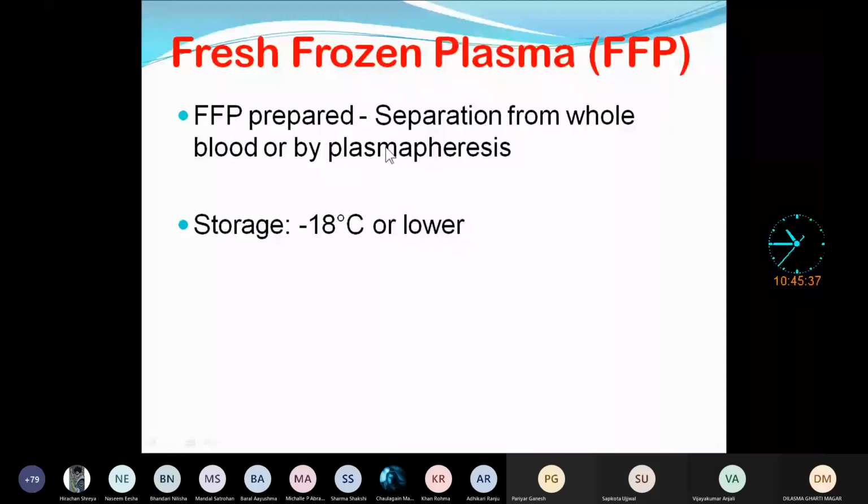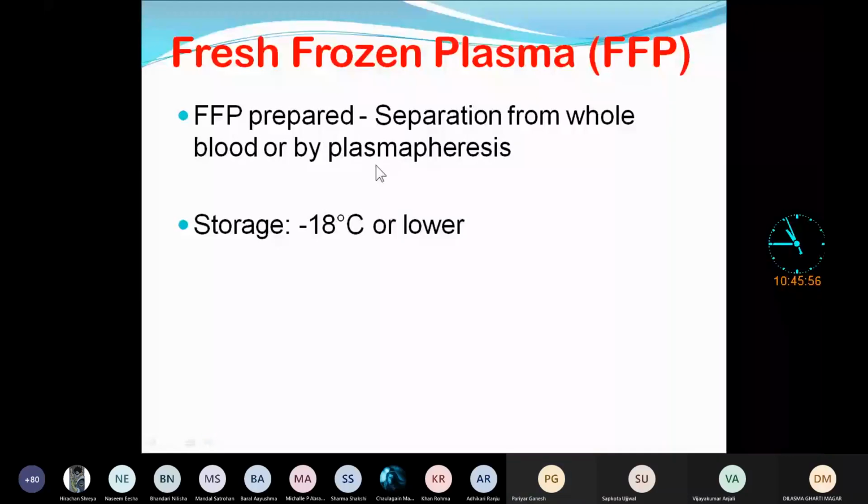So usually storage is minus 18 degrees Celsius or lower. So it is below minus 18 and then lower. Even sometimes I have seen minus 60, minus 80 also. Did you understand this fresh frozen plasma? Yes, ma'am.